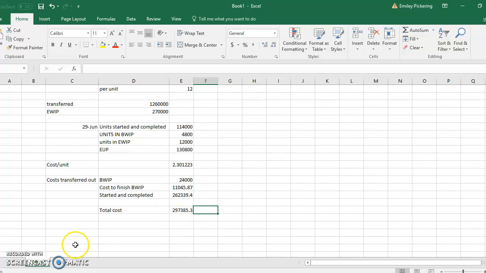And then ending work in process is how much I have in ending, and my equivalent units were 12,000 times, I'll just do 2.30 this time, my cost per unit, so that ends up being 27,600.